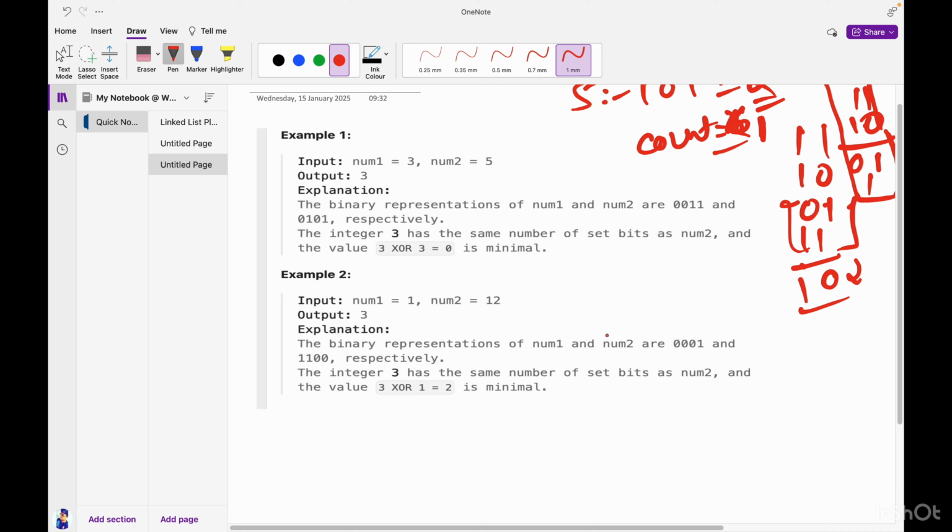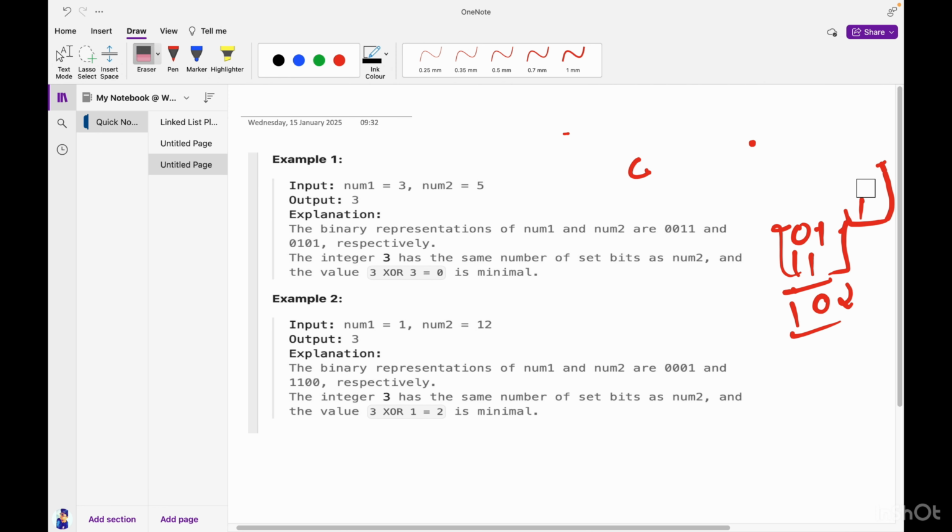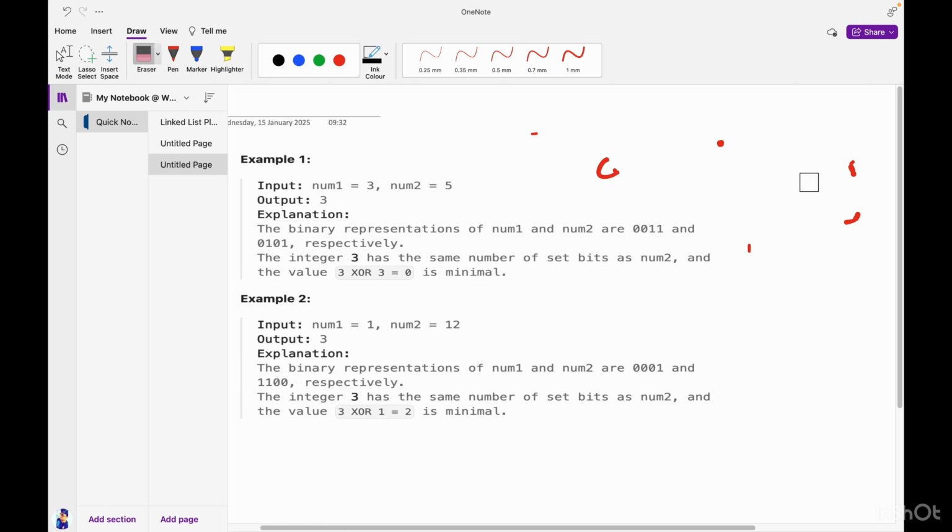Okay, so in this question our count was equal to 2, the number of set bits. For this question, we will go one by one and unset the set bits of this number.